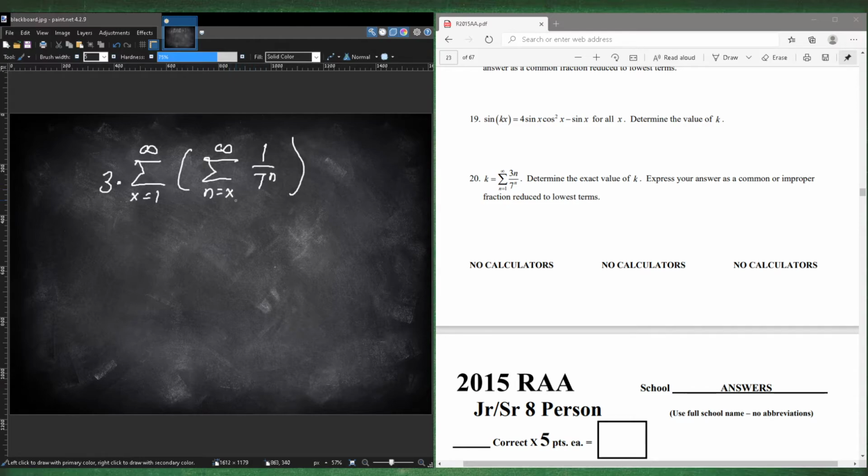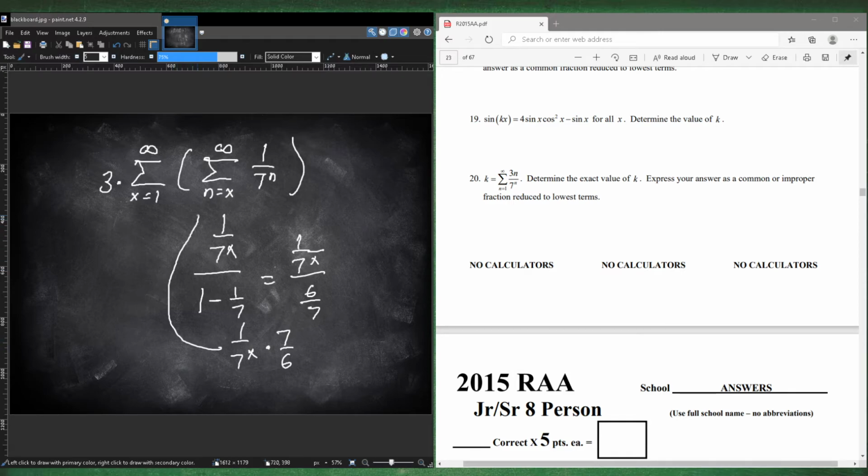So what can we do with this? Well, we could still use the regular equation, which is basically the first term over 1 minus the ratio. The first term is when n is equal to x, so it'll be 1 over 7 to the power of x, divided by 1 minus the common ratio, which is 1 over 7. 1 minus 1/7 is 6 over 7, so it's 1/7 to the x times 7/6.